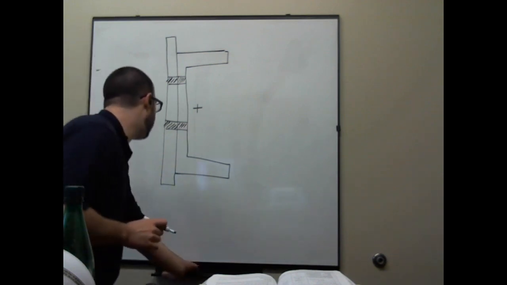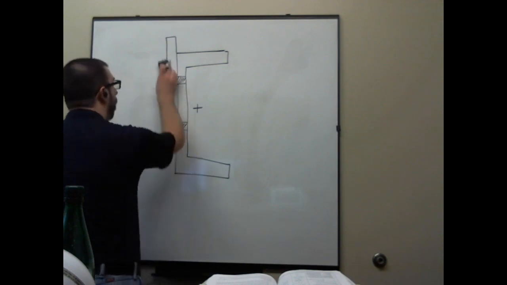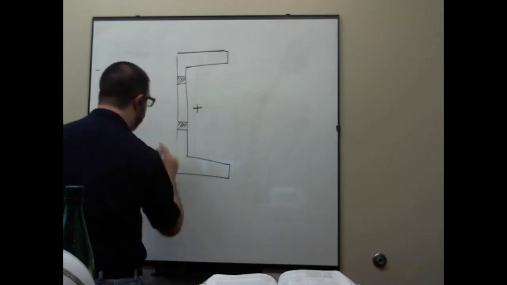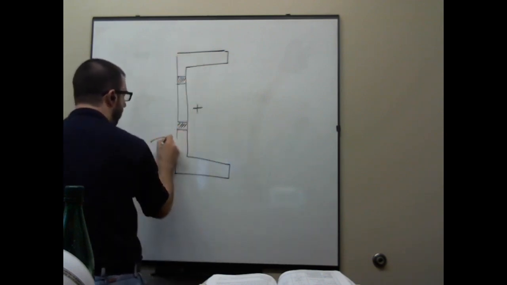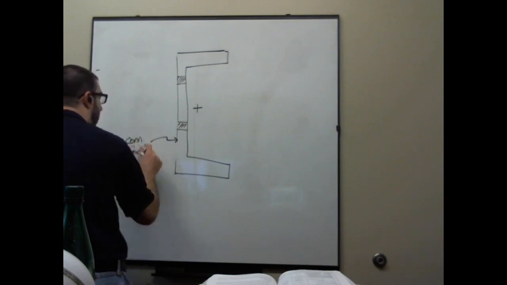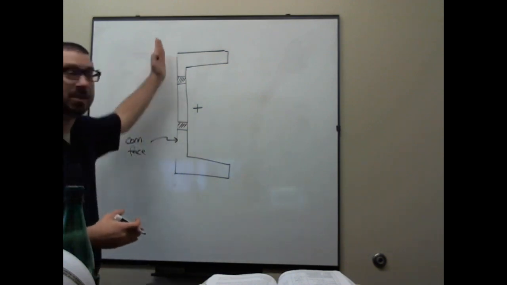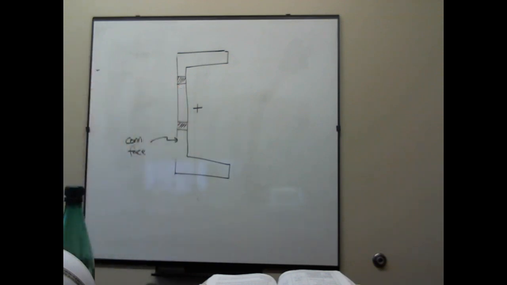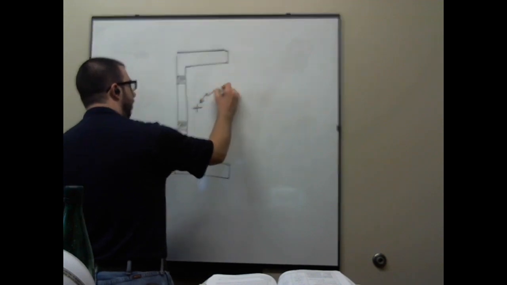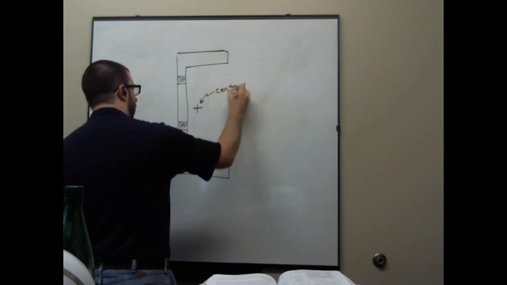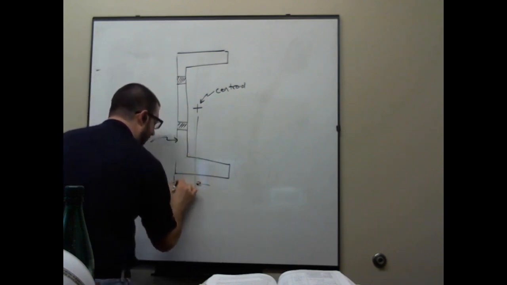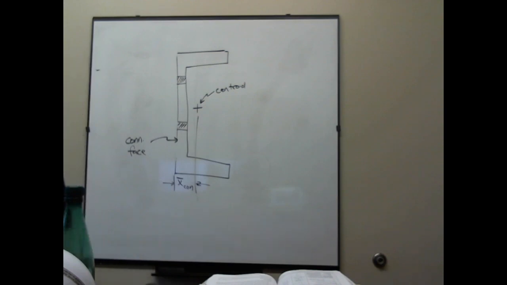So what I would suggest is this back of the channel, this face right here, is the connected face, because that's what's going to be butting up with whatever it's connected to. So this is the connected face. That's the centroid. This dimension is X bar. That's your X bar.